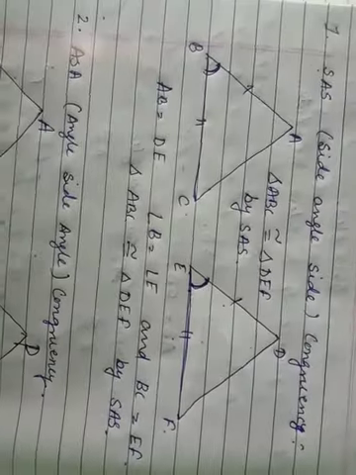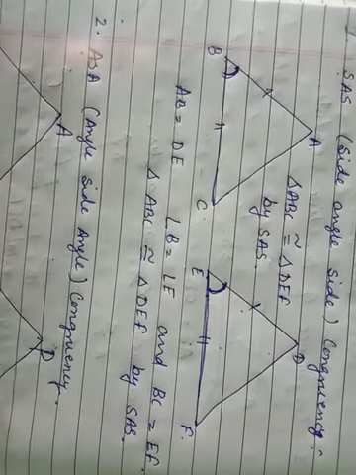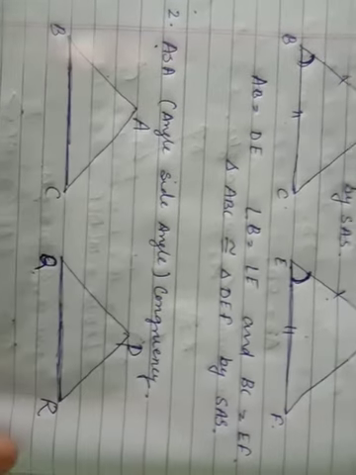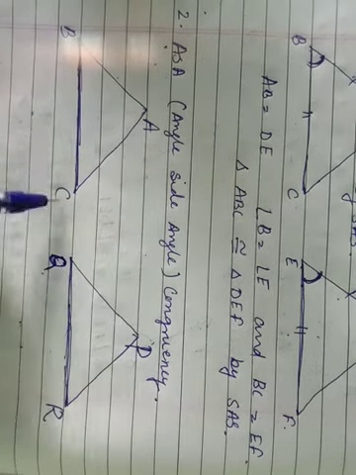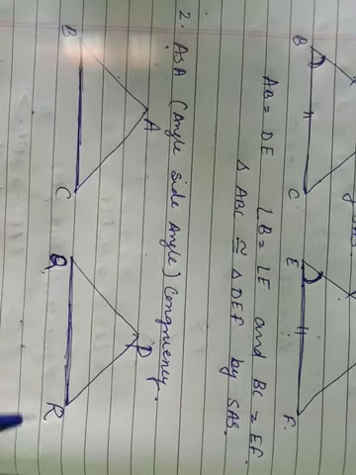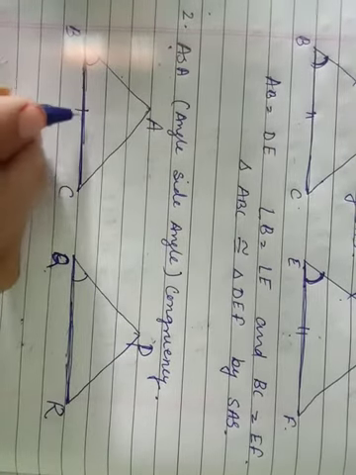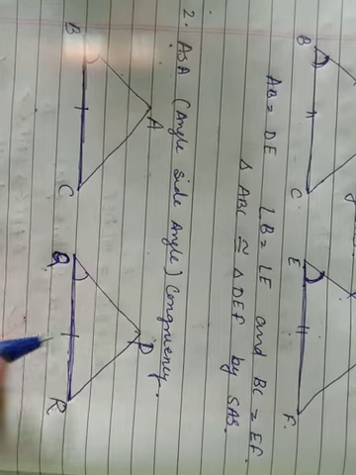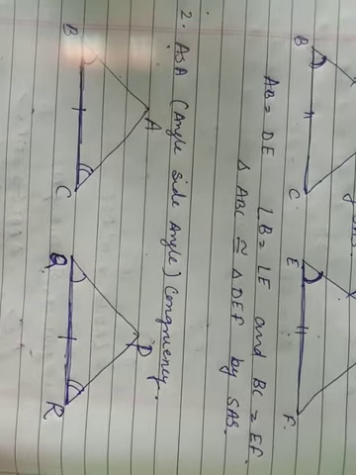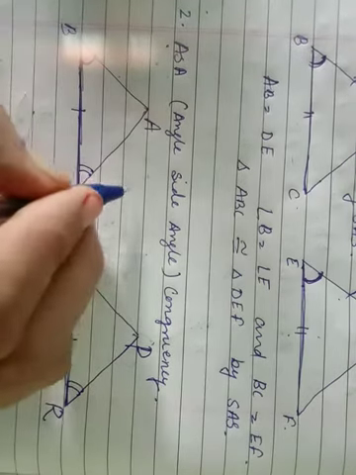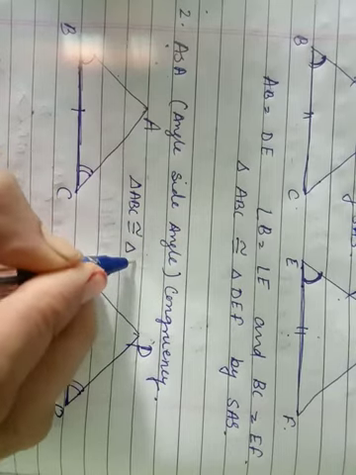Now the second congruency is ASA, angle side angle congruency. Now see what is angle side angle congruency. Suppose these are two triangles ABC and PQR. In this, if angle B is equal to angle Q, side BC is equal to side QR and angle C is equal to angle R, then we say that these two triangles are congruent to each other.